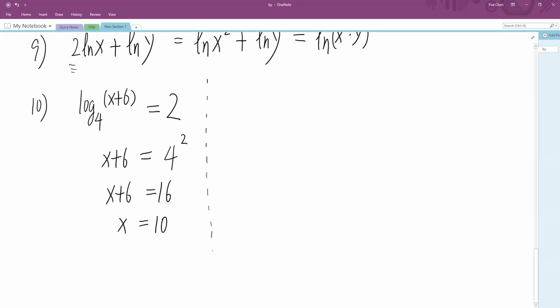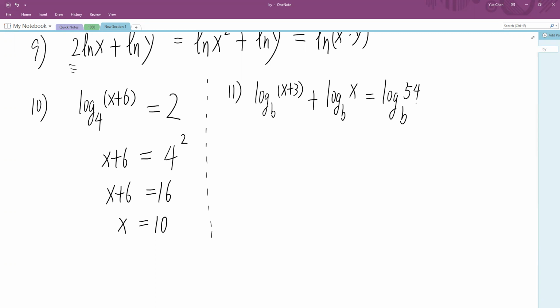Let's look at number 11, which is another logarithmic equation. Log base b of x plus 3 plus log base b of x equals log base b of 54. So what is the first step we should do? We need to condense the left side, right? Combine the two logarithmic functions together.